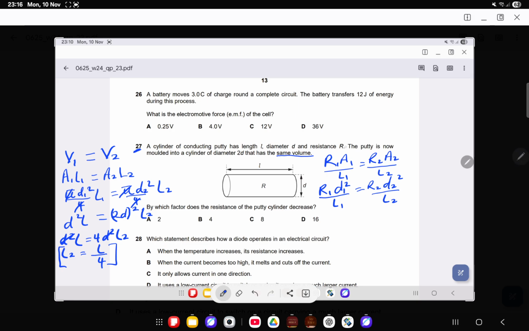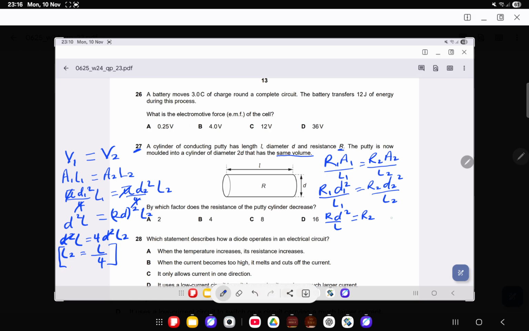Our R1 in this case was R. So I have here R, and my D1 was D. So here becomes D squared over my L that was given, should be equal to my R2, which is what we are finding. That's what the question is saying. It said, by what factor does the resistance of the putty cylinder decrease? So what you are looking for is R2 with respect to R. So that is what we are looking at.